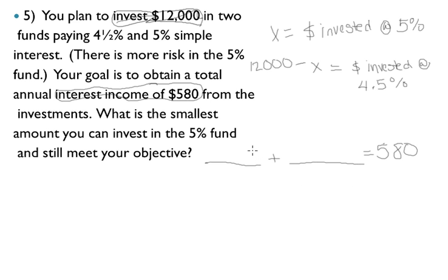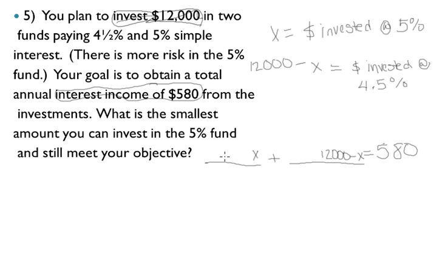So the first investment is X and the second investment is 12,000 minus X. However, the $580 is interest, and the X and the 12,000 minus X are investments. In order to calculate the interest, I need to multiply the investment times the rate.